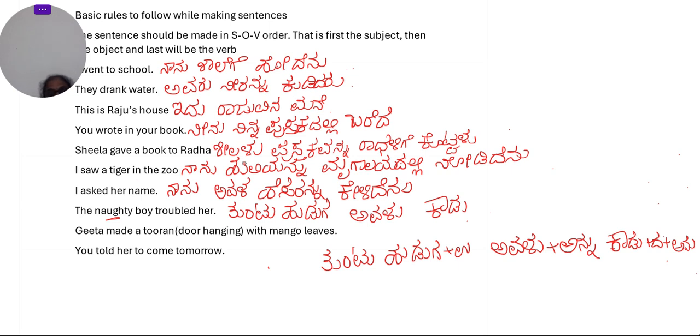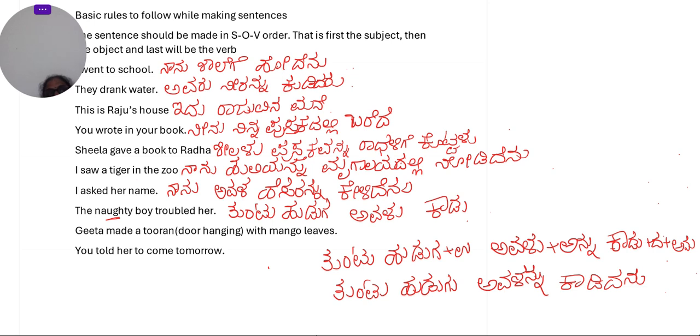Now when you add all of them together, tuntu huduga plus u will become huduganu. Okay, tuntu huduganu. Avalu plus annu will become avalannu. And kadu di anu, when it joins, becomes kadidanu.